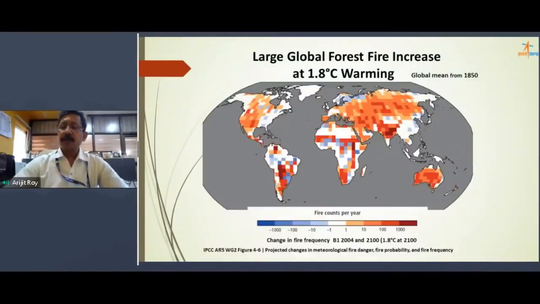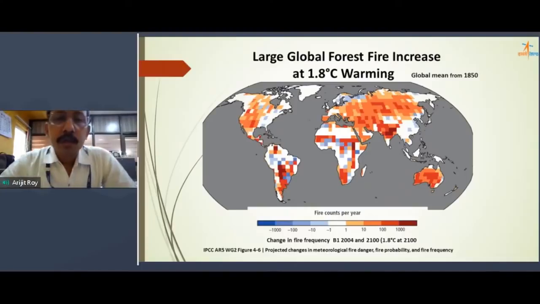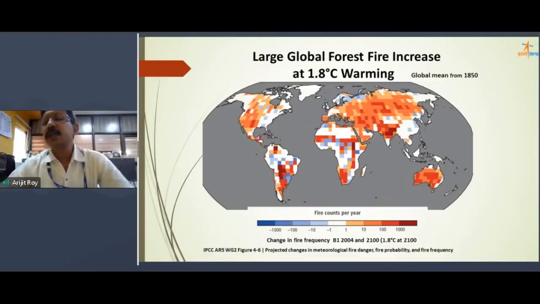And all these factors have been incorporated to model what is going to happen if there is a 1.8 degrees centigrade warming across the world.